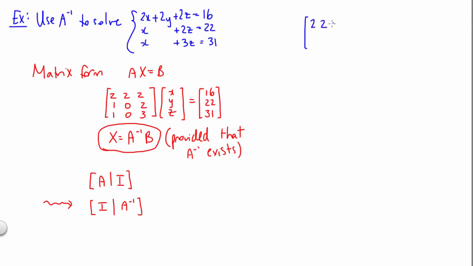So let's copy out our coefficients on the left, and on the right we will write out the identity matrix, and then we'll get going with our Gauss-Jordan elimination. I'd like to get a 1 in the upper left. Probably the easiest way to do that is just to swap the top two rows.